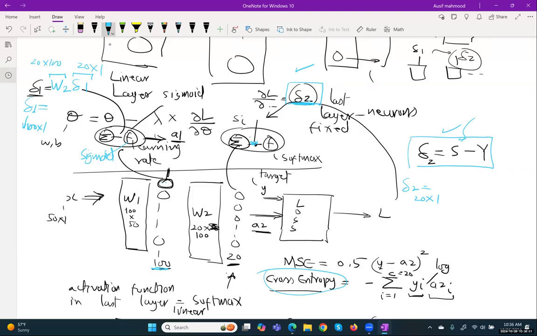If I transpose this, then this becomes 100 by 20 and then 20 by 1. What will be the answer? 100 by 1, and we already know that the left side should be 100 by 1, right? And similarly, it doesn't matter how many layers we have. We can go back and back and back and compute everything.